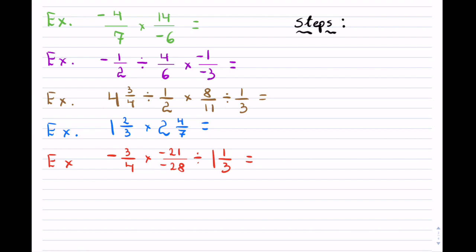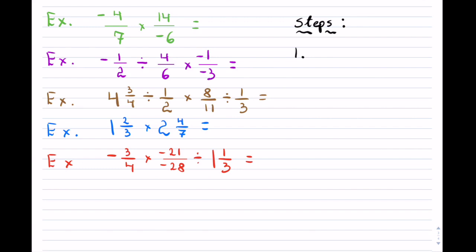It's easier to think of the steps than it is to try to solve the entire thing, because trying to solve the entire thing may intimidate you in a way. So the first thing that I always ask myself when I am just dealing with multiplications and divisions, notice there's no additions or subtractions in any of these. That will be, okay, you're going to be able to watch a different video for that.